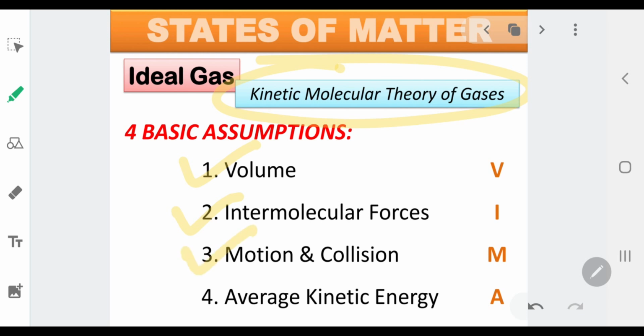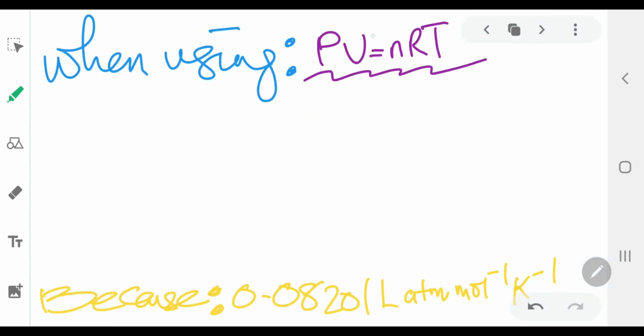And also we have talked about the motion, the molecules moving based on Brownian motion, and kinetic energy. So when you increase the temperature, the gas molecule is going to move even quicker. Okay, so those are the 4 basic assumptions, so it should be okay.